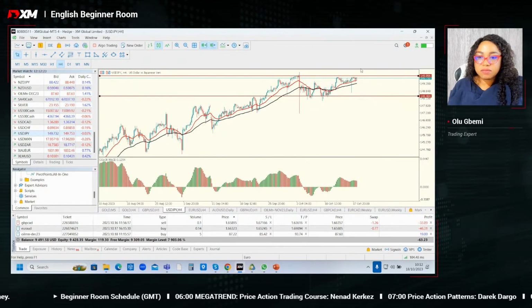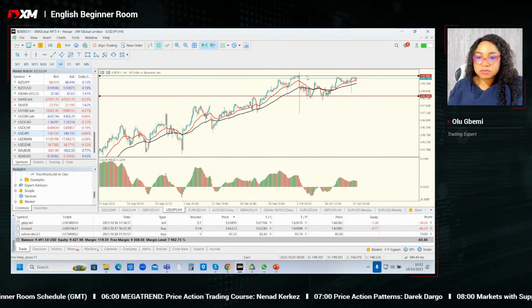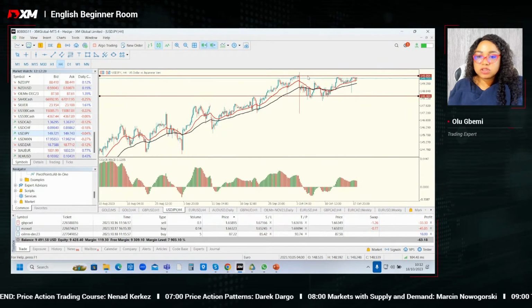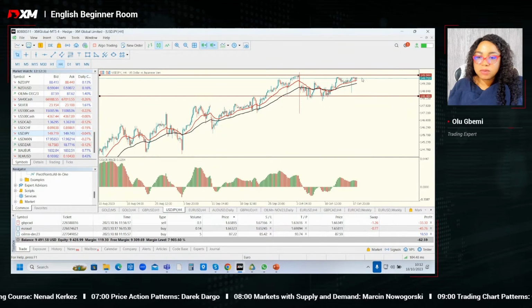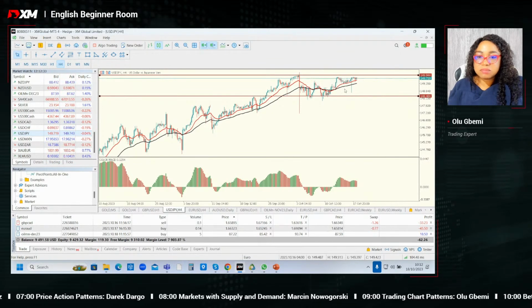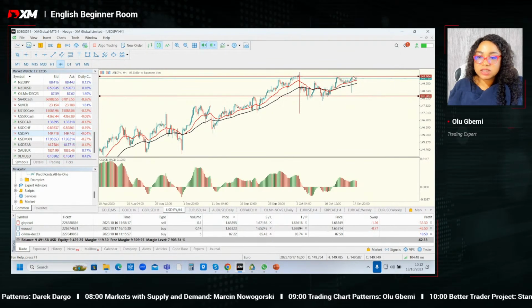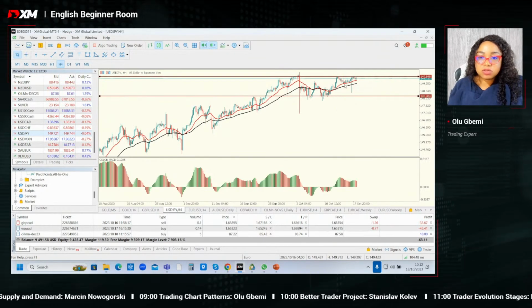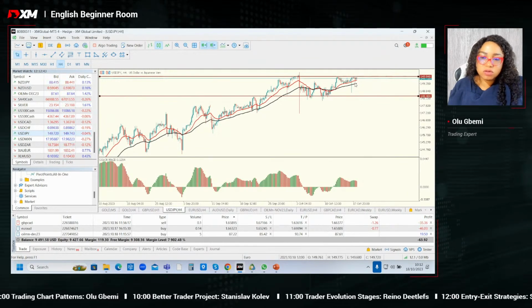Well, maybe if I see a breakout above the 150 area, I may say, okay, there's an opportunity to continue to buy. But as long as the price remains inside of that range and doesn't break out above that area, I will just wait and see a break, whether to the downside or to the upside.